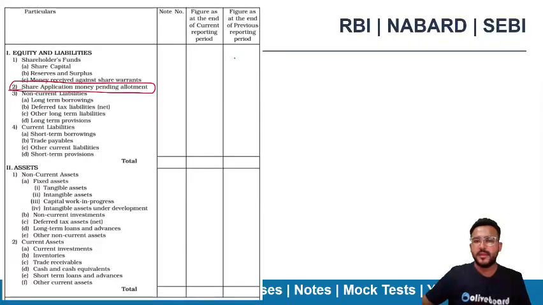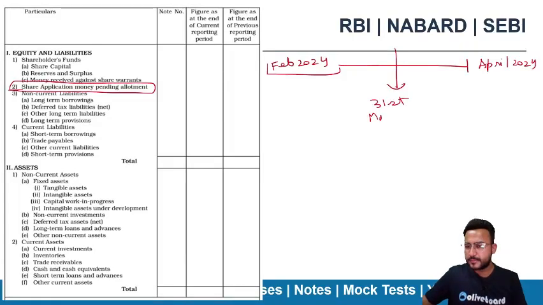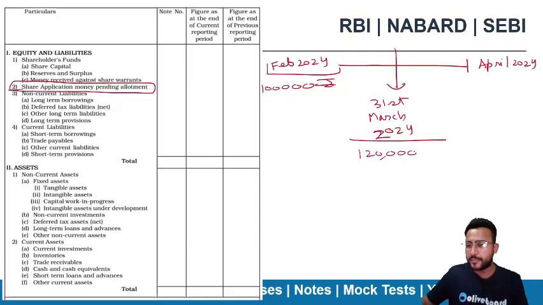Let's suppose I issued my capital in February 2024, right? I will be allotting the shares in April 2024, but I need to prepare the balance sheet on 31st March 2024. So I have issued 1 lakh rupees. I received applications for 1,20,000 rupees.